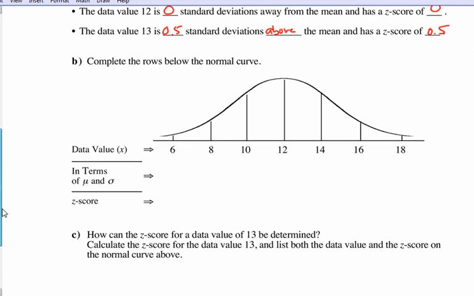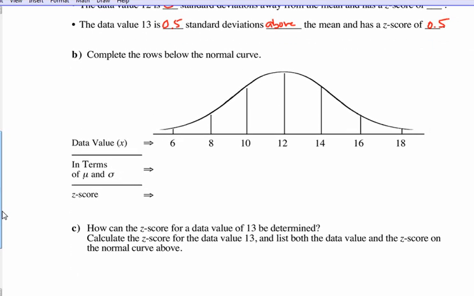So here's that from the other page. So this is where 13 was. So let's fill in our z-scores. Our z-scores go down here: 0, 1, 2, 3, and we had -1, -2, -3.